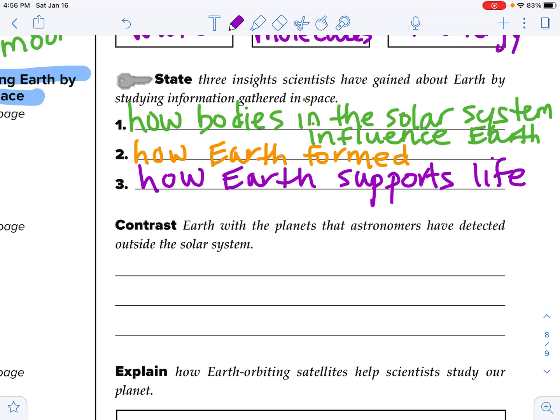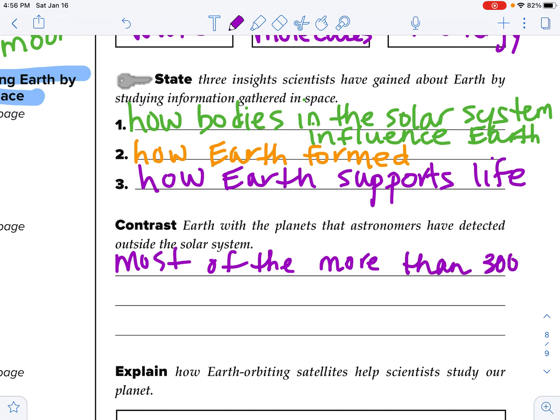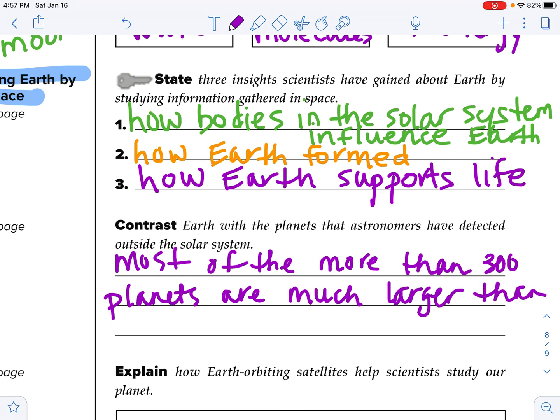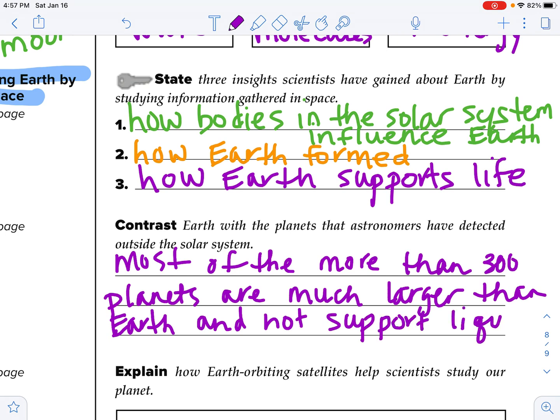Most of the more than 300 planets are much larger than Earth and probably could not support liquid water or life.